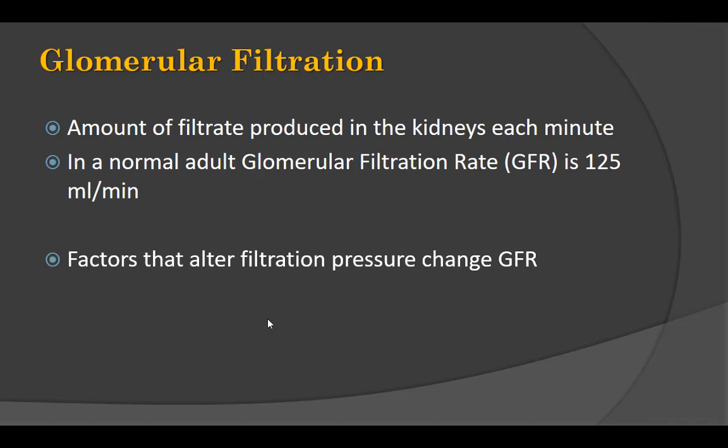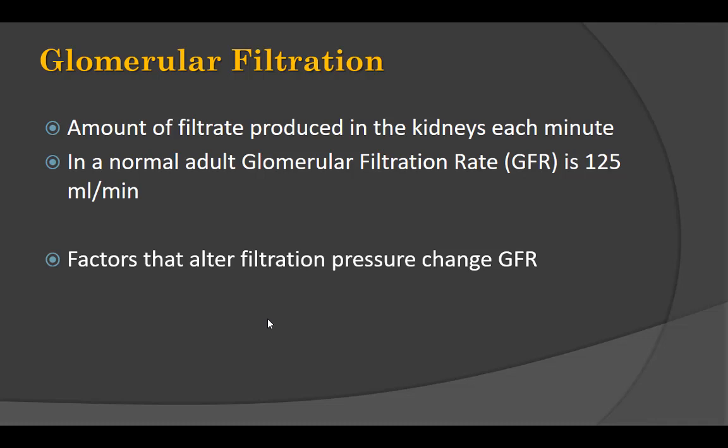Now what causes this filtration? Remember, I think in the very first lecture, we discussed the factors that control the movement of fluid across the blood vessels. This is a blood vessel, right? In the glomerulus you have the capillary. Across the blood vessels, what controls the movement of fluid going out or coming in? Two factors.